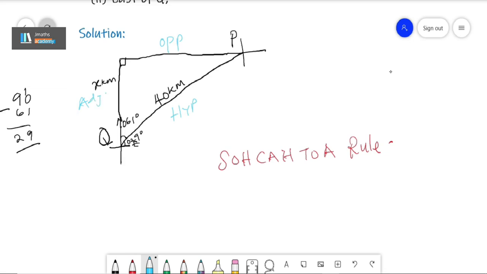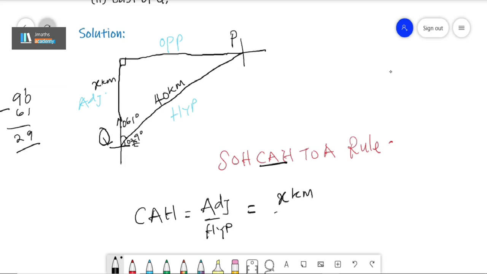So we are looking for our adjacent, and we are going to use CAH. CAH is adjacent over hypotenuse, which is x kilometers over the hypotenuse, 40 kilometers, given in the question, equal to cos 61 degrees.